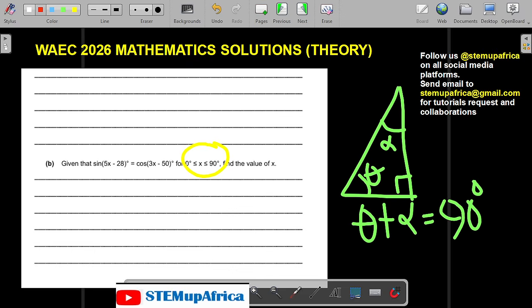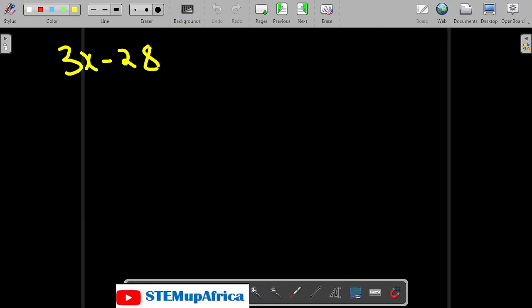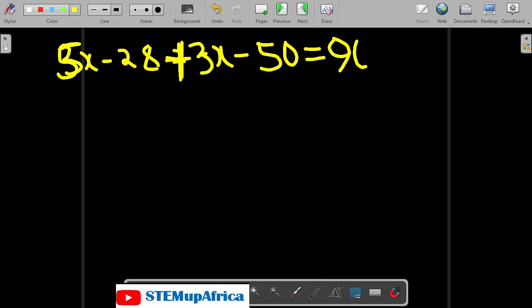This therefore means that 5x minus 28 is my theta, while 3x minus 50 is my alpha. So I'm going to have 5x minus 28 plus 3x minus 50 equals 90 degrees.